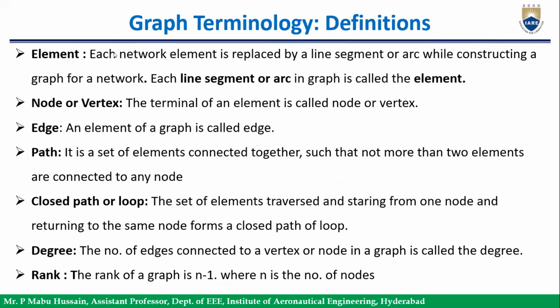Now let us look at some graph terminology, some definitions which you will come across in graph theory. The first one is the element. Each network element which is replaced by a line segment or an arc while constructing a graph is called an element.